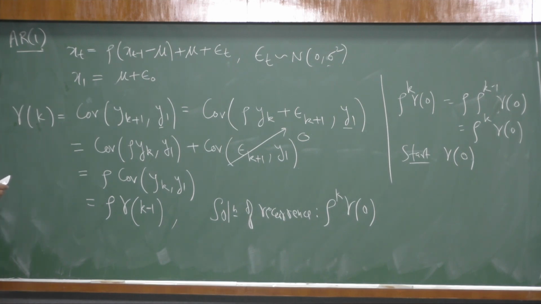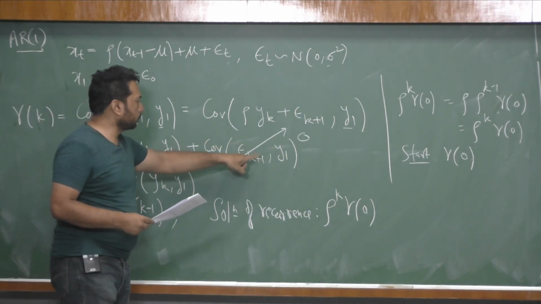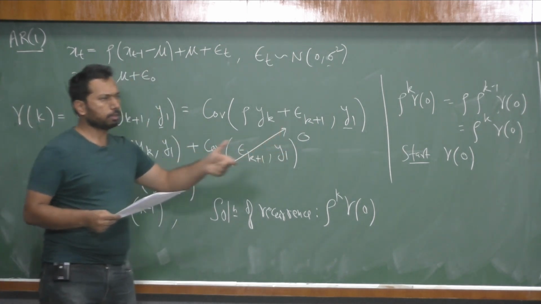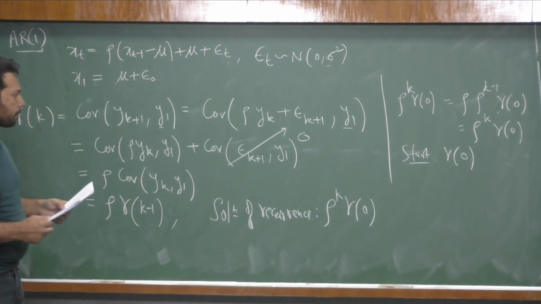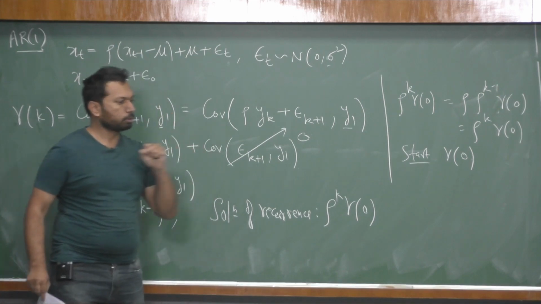And now remember that we want to find an expression for gamma_k. I've left this a little bit as an exercise. You expand this more, then you will have some epsilon_1 term, and then you will have covariance between epsilon_{k+1} and epsilon_1, and you can write this as a Dirac delta when k+1 is equal to 1.